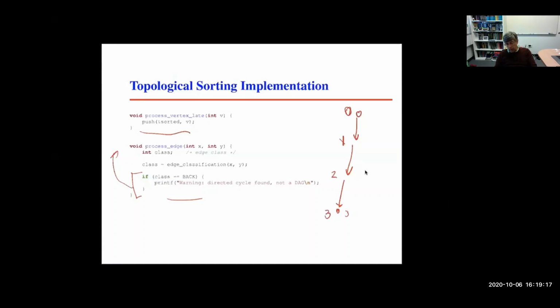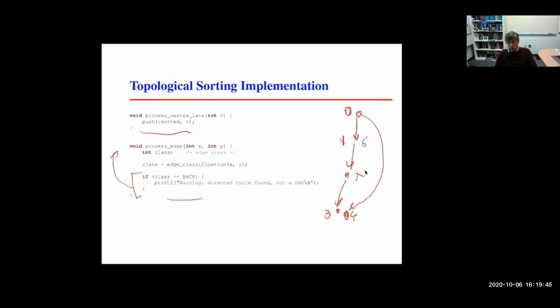This one started at time 3. It finished at time 4. Now I backtrack here. There's no other node. This guy's finished. I backtrack to this guy. Finishes. I backtrack to this guy. I look at its neighbors.